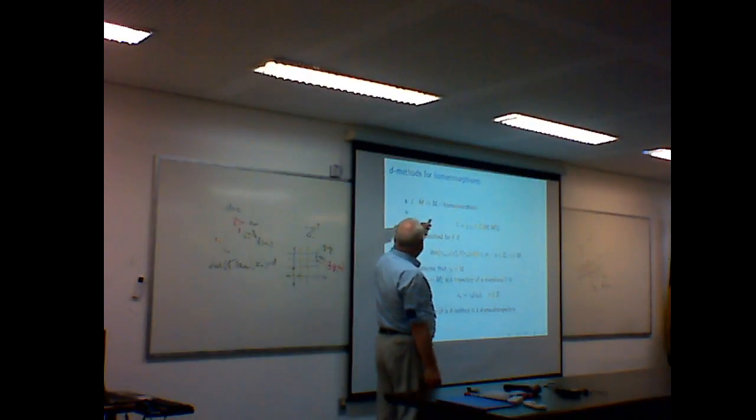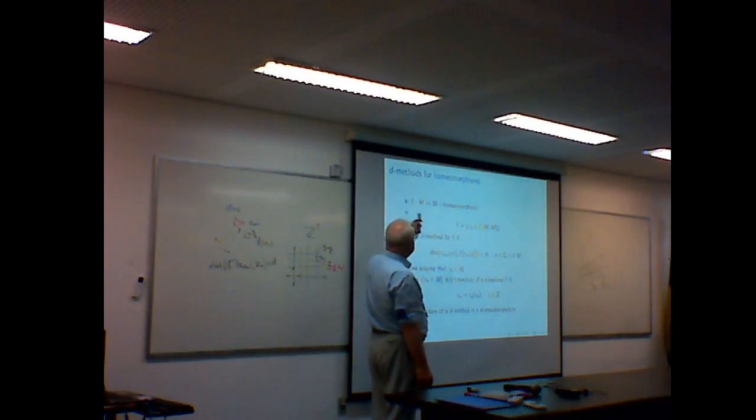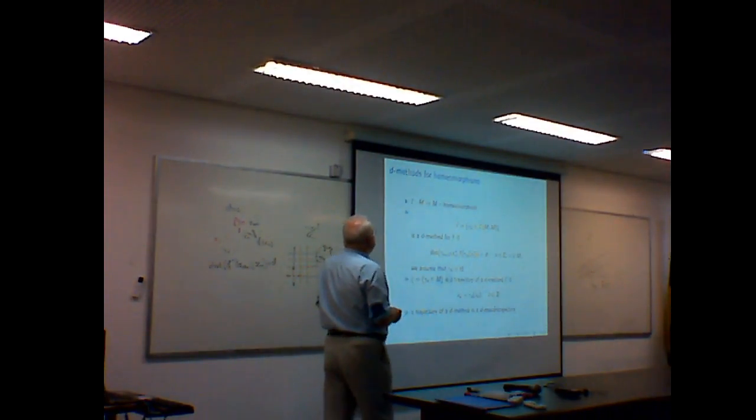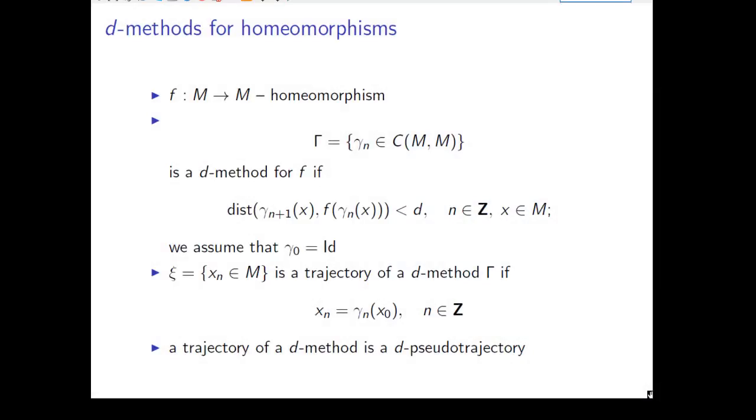But what is one of the possible formulations? I take a dynamical system generated by a homeomorphism f, and I take a family of continuous mappings of my space M to itself, and I say that this family is a d-method if these inequalities hold.